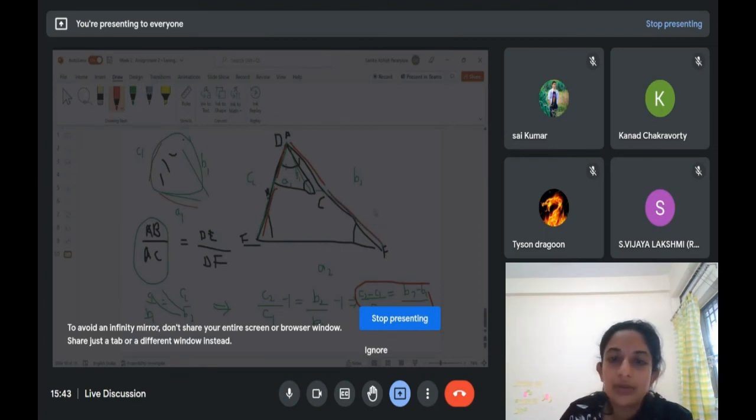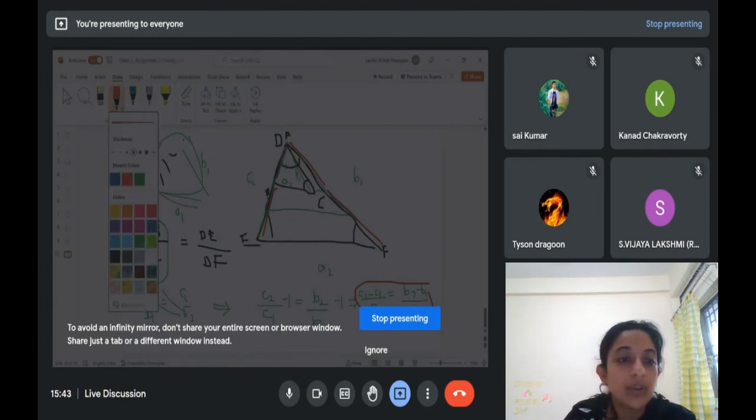So you can see that if I can construct some more similar triangles, like if this was ABC, I can also have a triangle similar to this, like this. So in that case also I can have, I'll choose one more color here.